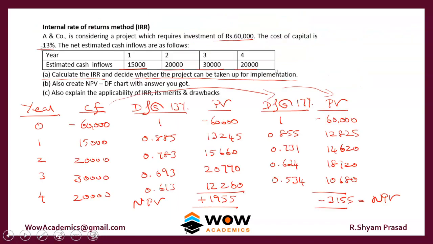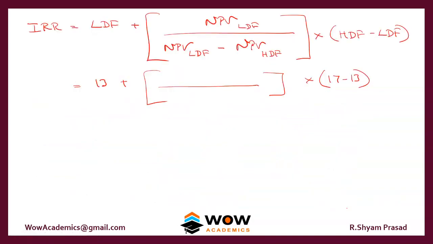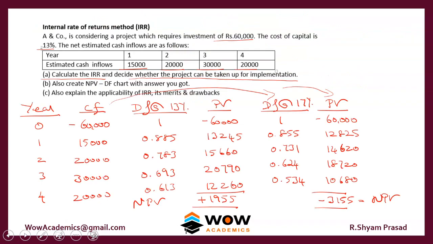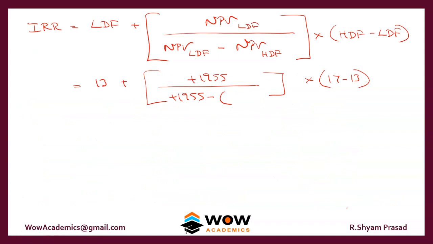So the other numbers are NPV at lower discount factor is 1955. That's a plus number, 1955. Okay, minus, there's a minus in the formula. Again, there's a minus in the higher discount factor, minus 3155, minus 3155.